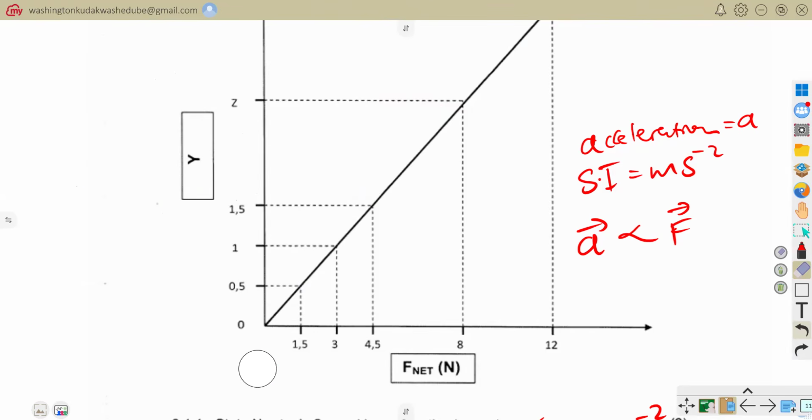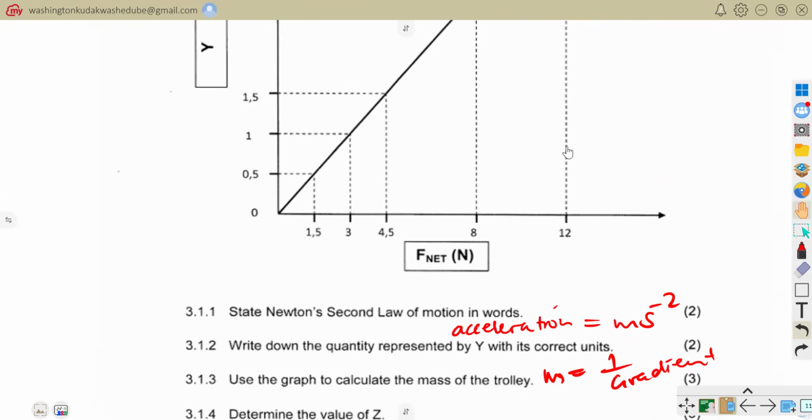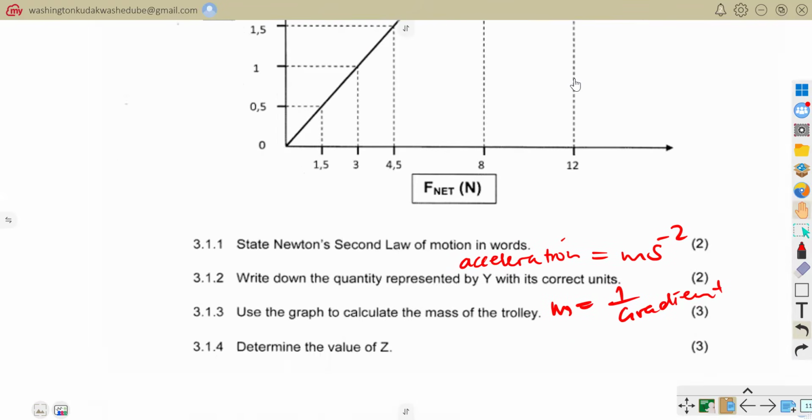How you determine the mass from the graph of acceleration versus the net force is through the inverse of the gradient, because you have got a straight line graph there. So from there, we have determined this to be equal to 3 kgs, because your mass is measured in kgs.